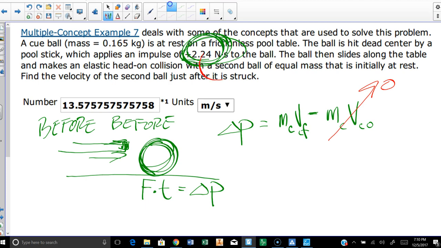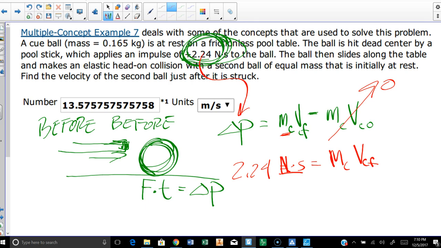And I know this right here is the change in momentum, the impulse, so I know that 2.24 Newton seconds, which, by the way, remember, also comes out to be a kilogram meter per second, equals the mass of the cue ball, which I know, times the final velocity of the cue ball after the interaction with the cue stick.